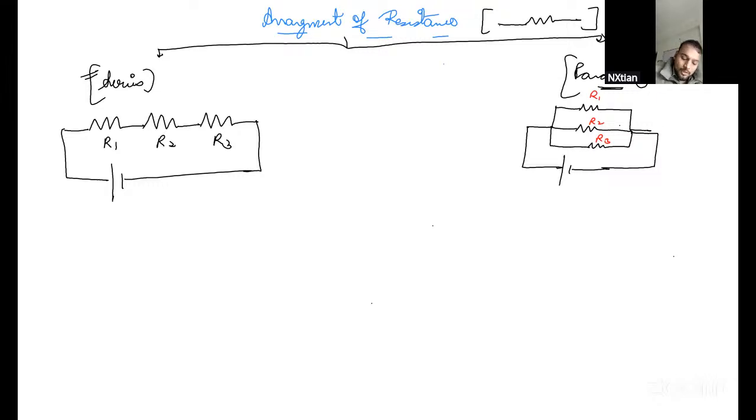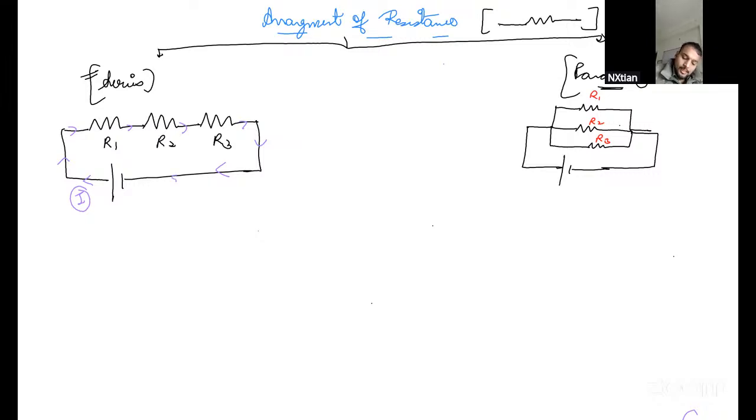Now, in this you can see that the purple is representing the electric current, which is coming from the battery.